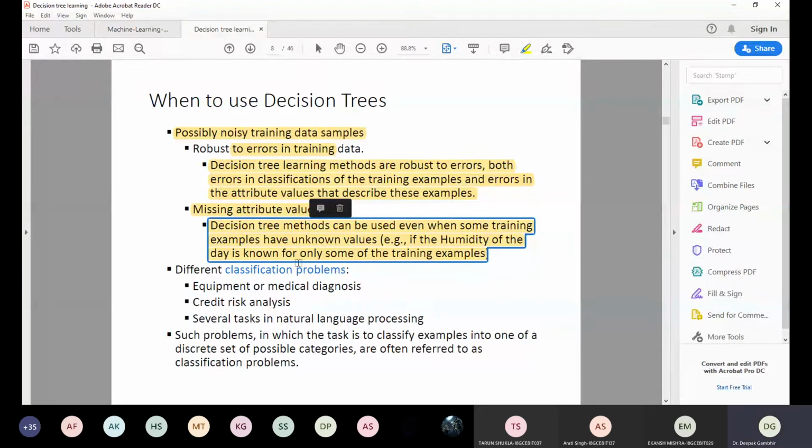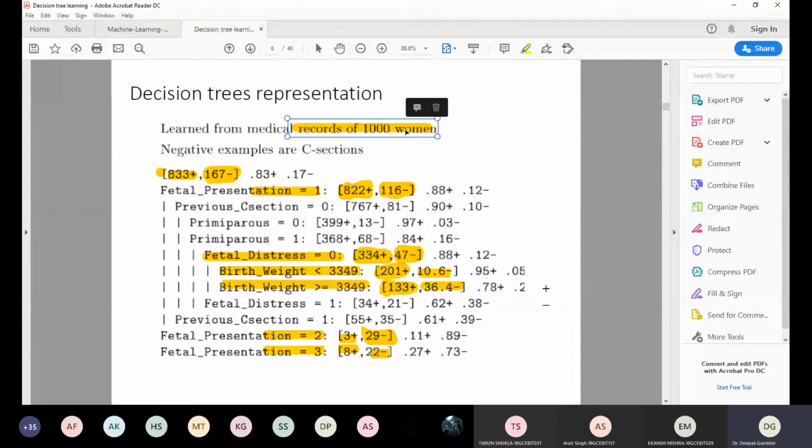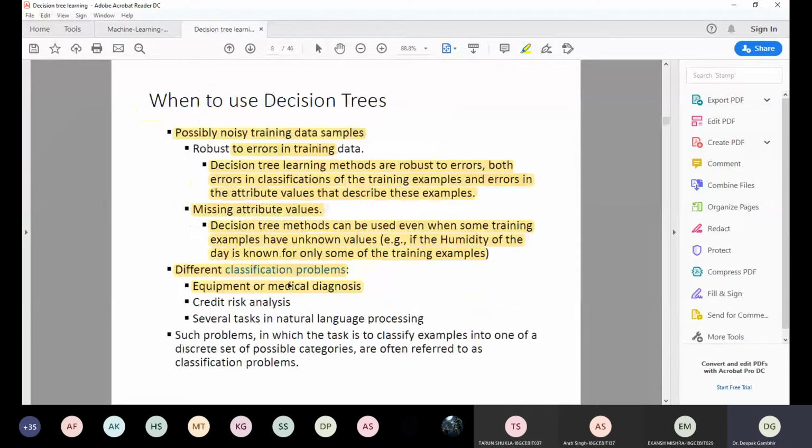The decision tree is also able to solve different classification problems, like the medical diagnosis we have seen above, where 1,000 records of women were taken for the C-section examples to make the decision tree. It is also used in the case of credit risk.